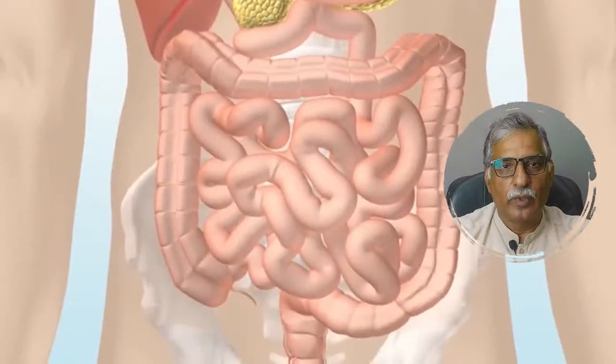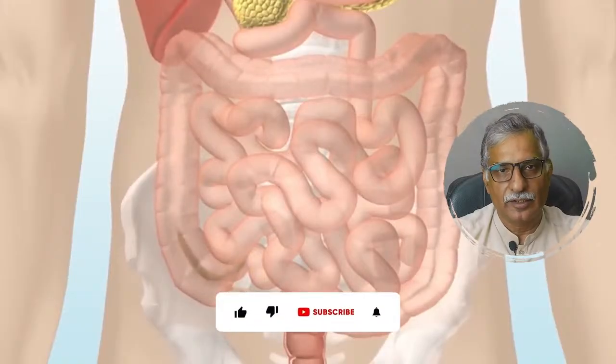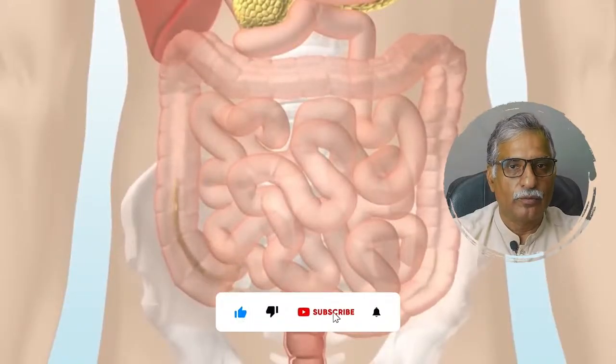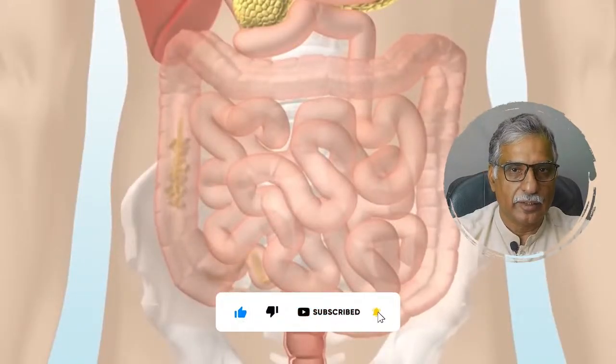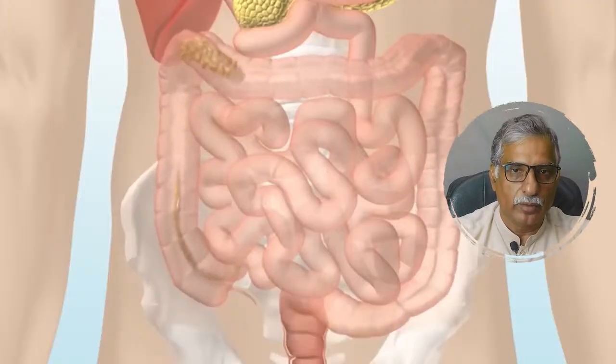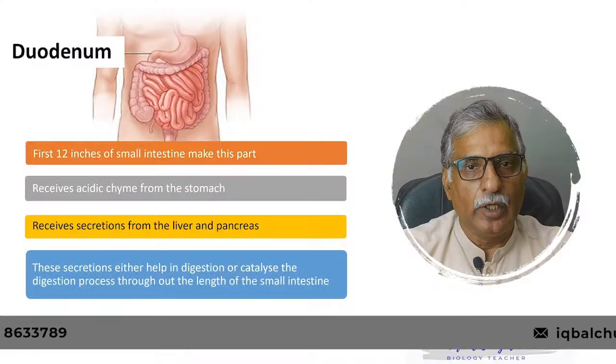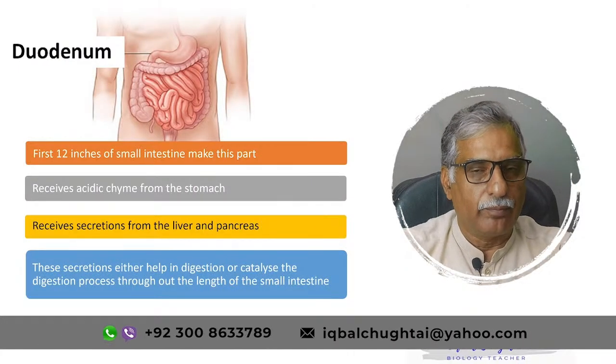The small intestine is very important in the digestive system because it is the only organ where all the food groups are not only digested, but the digested substances are also absorbed into the bloodstream and transported across the body. The duodenum receives acidic chyme.